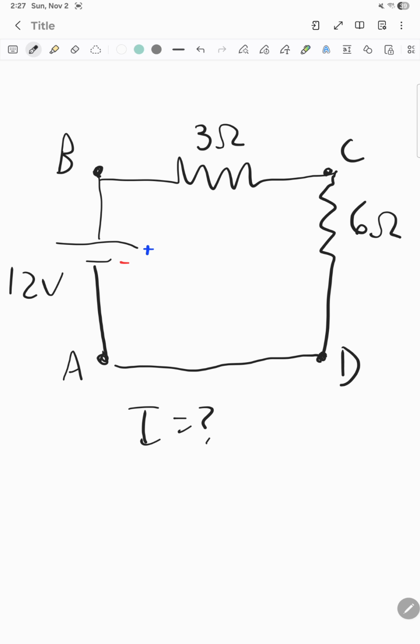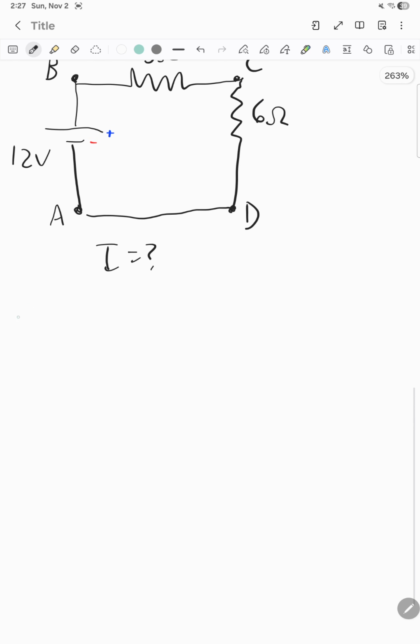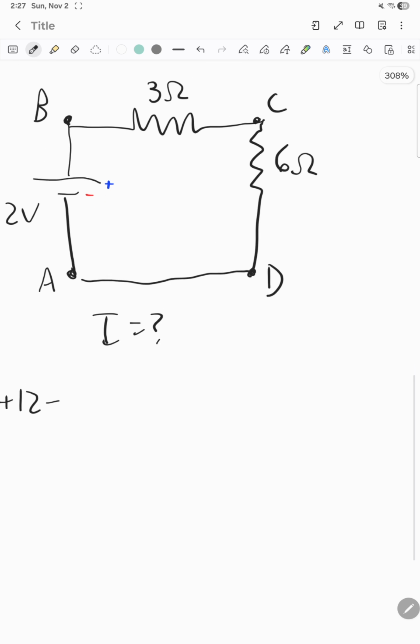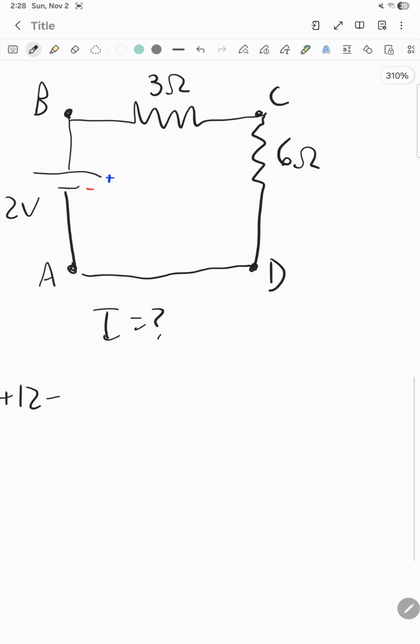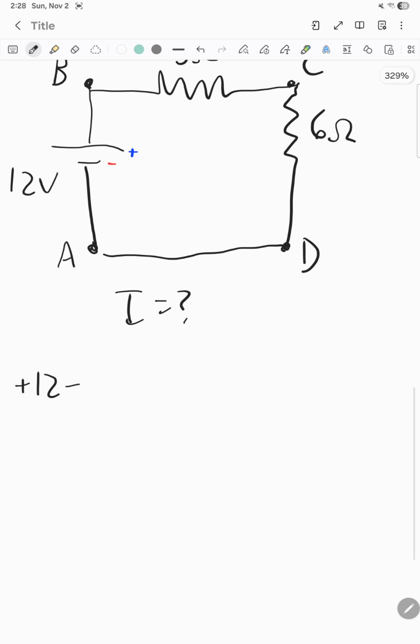So let's solve this problem here. We have plus 12 volts minus the voltage of R1, which according to Ohm's law will be R times I, so minus 3I, minus 6I, because we have a series, the I is the same, is equal to 0.